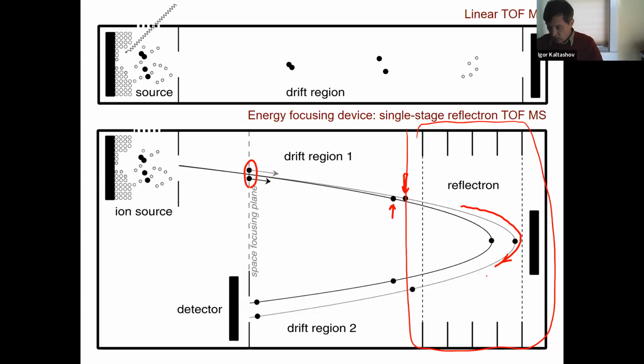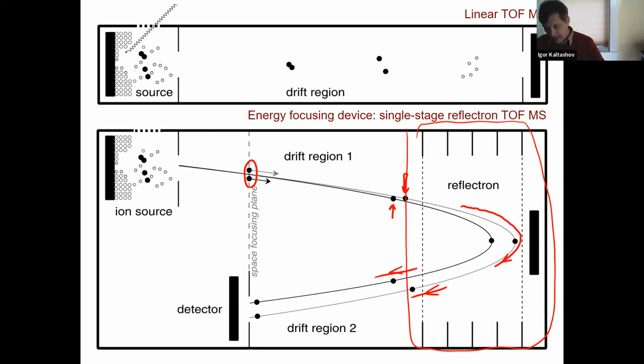And so, therefore, when they exit reflectron, it would actually be behind the other ion, which is slower, right? So it sounds like a paradox, but it's not really a paradox. The slow ions spend less time inside reflectron. And so it's cheating in a sense, right? This is why it emerged sooner.